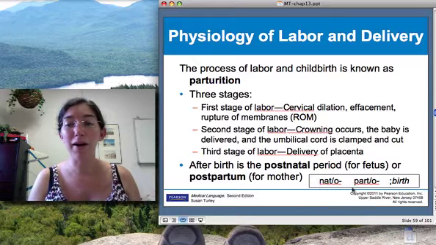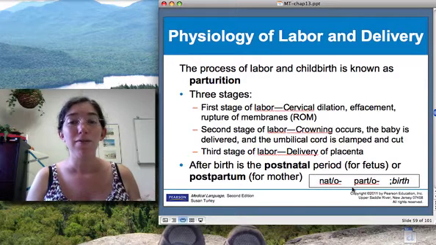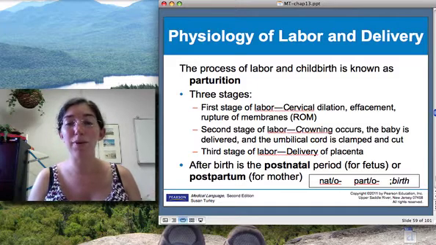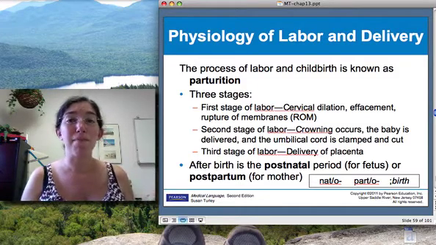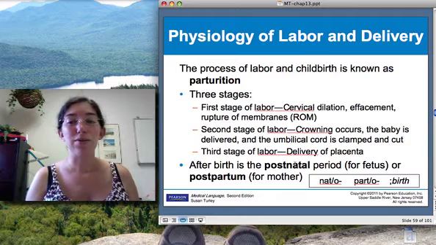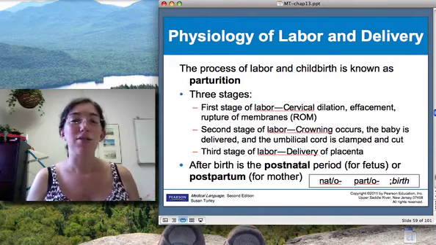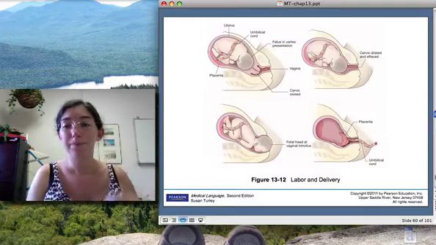So nato and parto are synonyms for birth, just to point that out. Postnatal and postpartum technically have the same meaning, just one is used usually in reference to the fetus or the infant, and the other is used in reference to the mother.